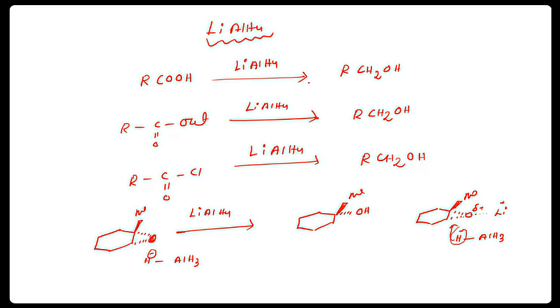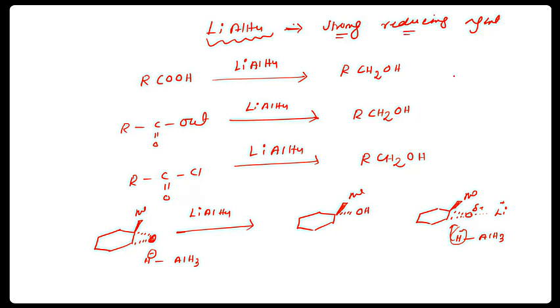So basically, what is this? This is a very strong reducing agent. Because look at the charge of aluminum: aluminum is 3 plus. So the hydride is attached to a highly electropositive metal. That's why H will be released much faster, and that's why it's a very strong reducing agent.